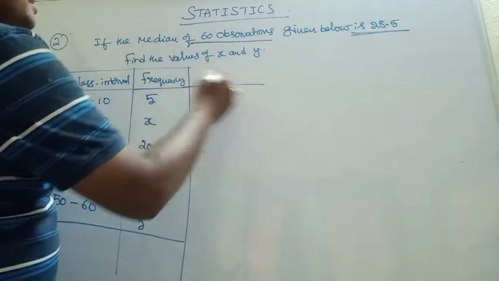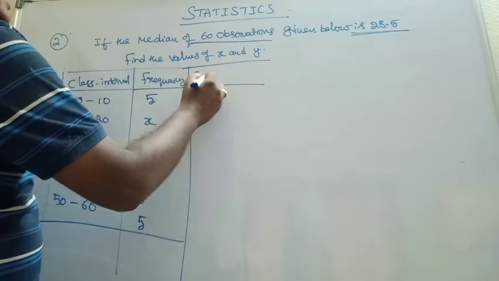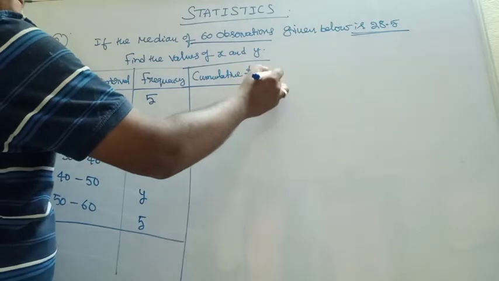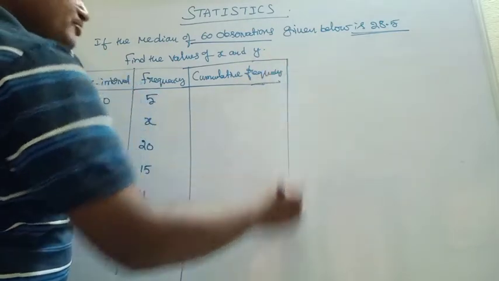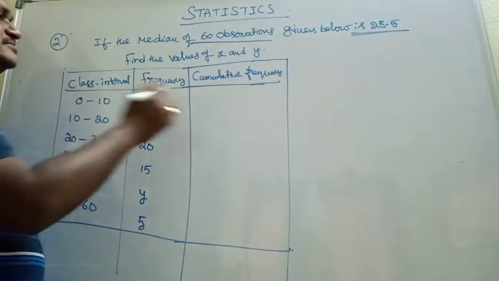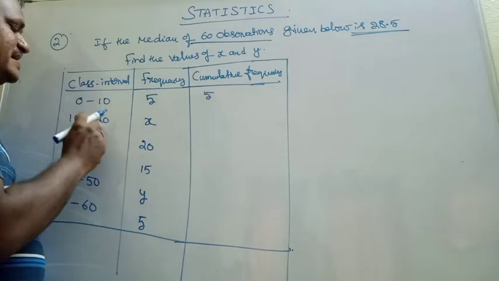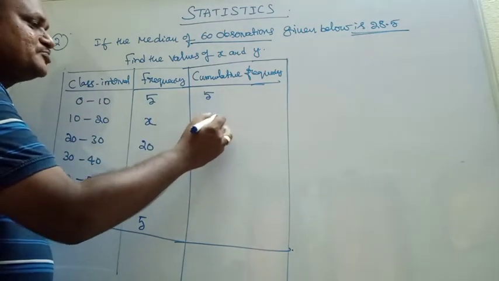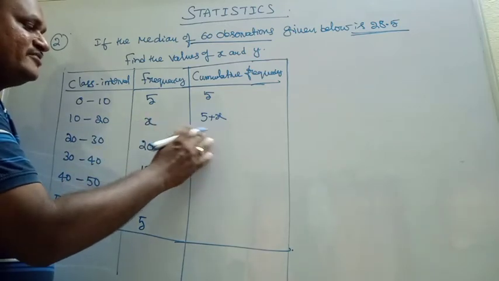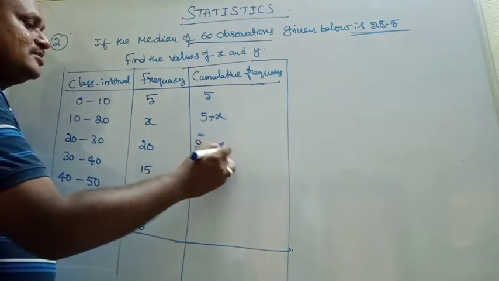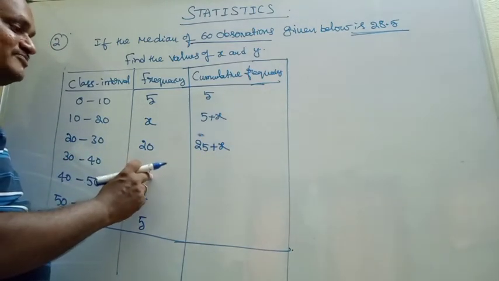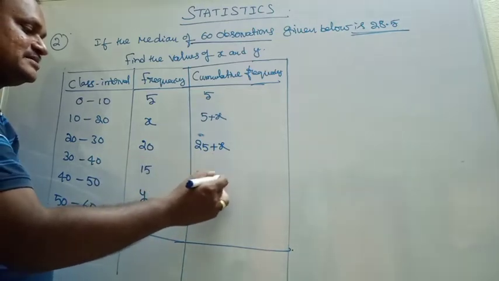You see, my dear students, this is the cumulative frequency. Less than 10, there are 5 students. Less than 20, there are 5 plus x students. Less than 30, there are 25 plus x. Less than 40, 25 plus x plus 15, that means 40 plus x.